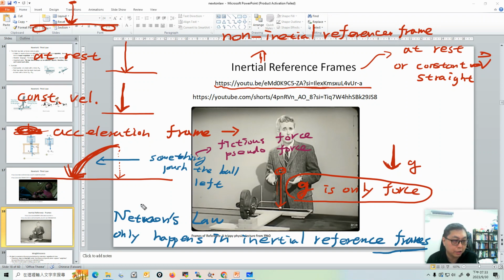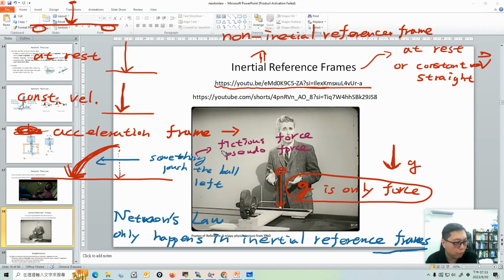When you are in a non-inertial reference frame, you need to use the concept of pseudo force to explain this. That's important for the inertial reference frame, and that's why the first law is also very important. That's pretty much the review of the three Newton's laws.